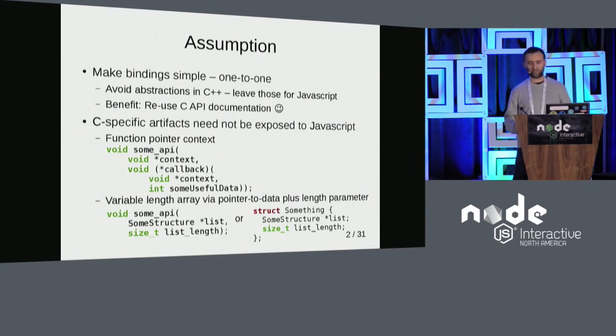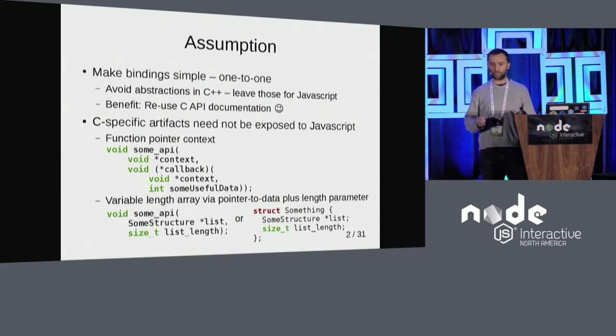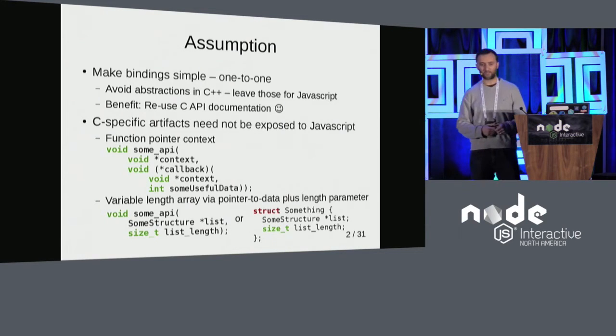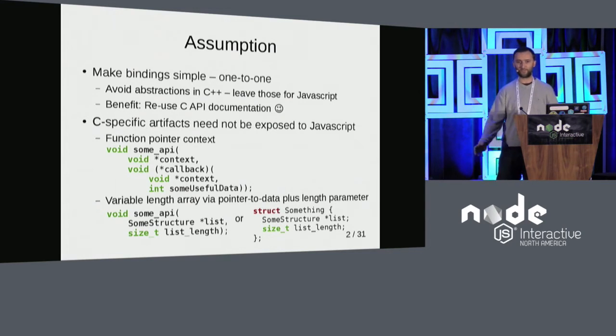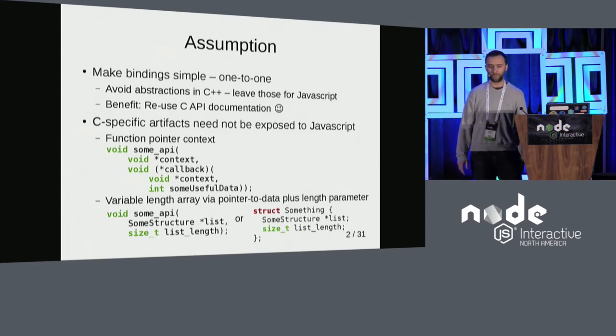The benefit of doing that is that you keep the binding simple, as one-to-one as possible, with the caveats listed at the bottom of the slide, and you can even reuse the C API documentation. I've done this often in the bindings that I have used after I've written them.